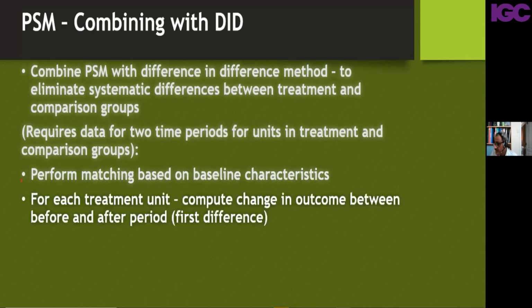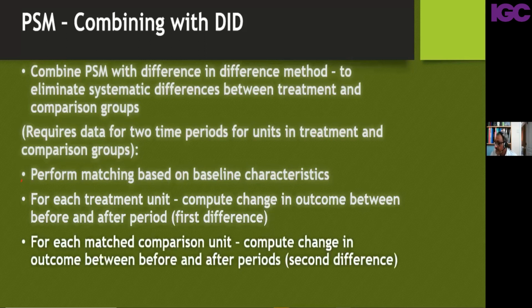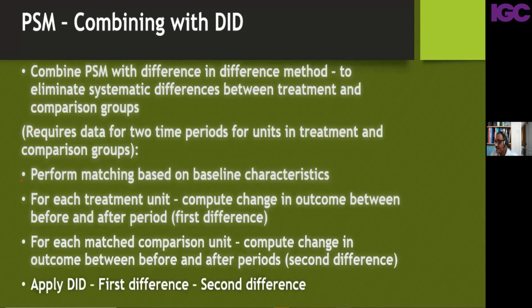Then for each treatment unit, you compute the change in outcome between before and after periods. That is, for the treatment units, you find out the first difference. For each matched comparison unit, compute the change in outcome between before and after periods. That is, you compute the second difference. And then, of course, you apply the difference in difference method: first difference minus the second difference.